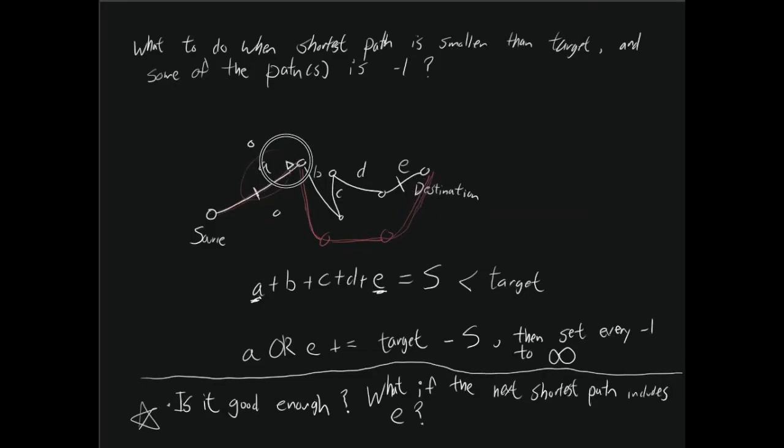We could not change this A to -1 or to infinity because we need to use this path to reach our target.